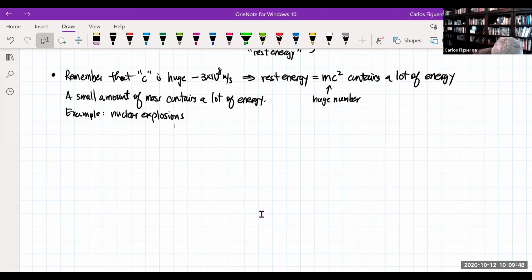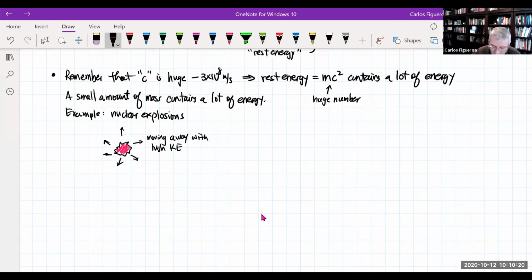So for example, if I have a nuclear explosion, what I'm seeing here, right? So this is my nuclear explosion. That means I'm getting all these particles moving away with high kinetic energy. So where did these guys get high kinetic energy?